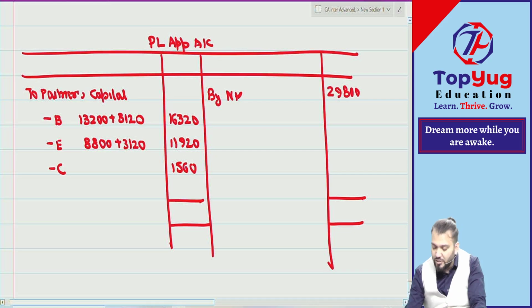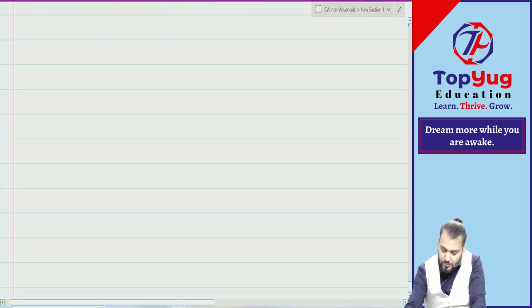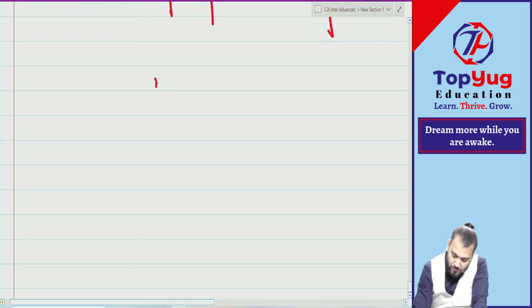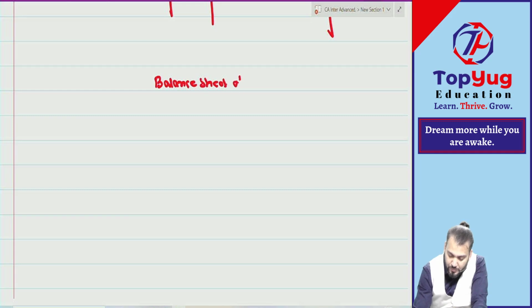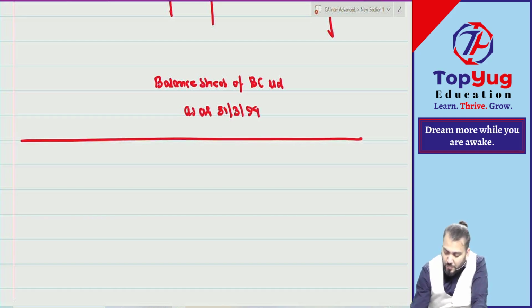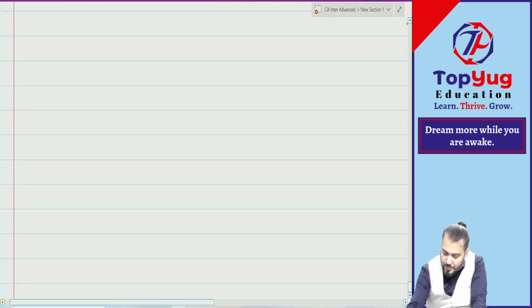Then they have asked for the balance sheet of which company? Balance sheet of BC Limited as at which date? 31st March 1994. In which format? Okay.